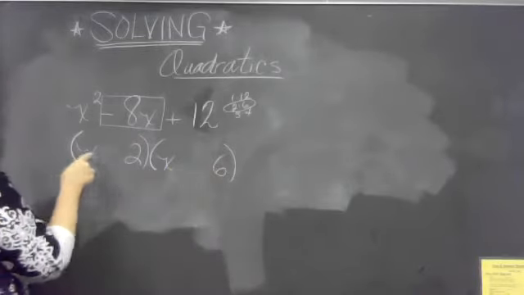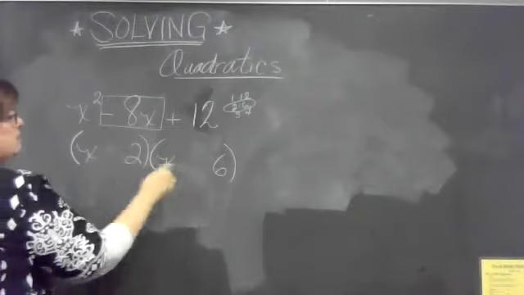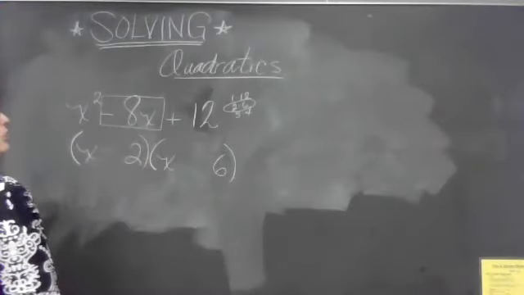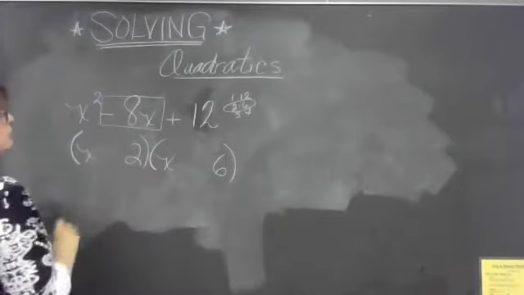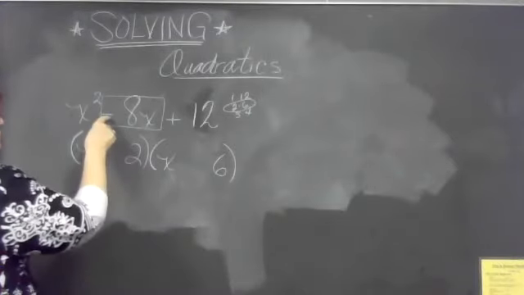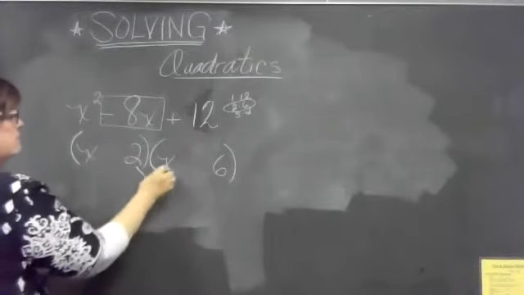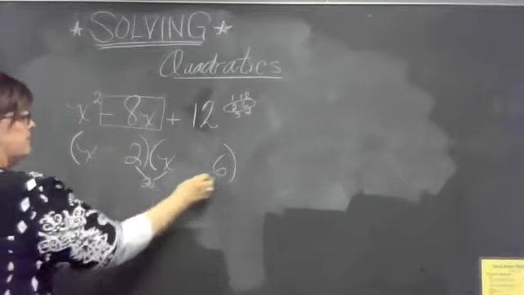Remember, if the front variables are exactly the same, then it doesn't matter where the 2 and the 6 go. Now we're going to check and see if this truly works and look for the sign that we need to have here and here to make sure that's a negative. So these multiplied together are 2x.